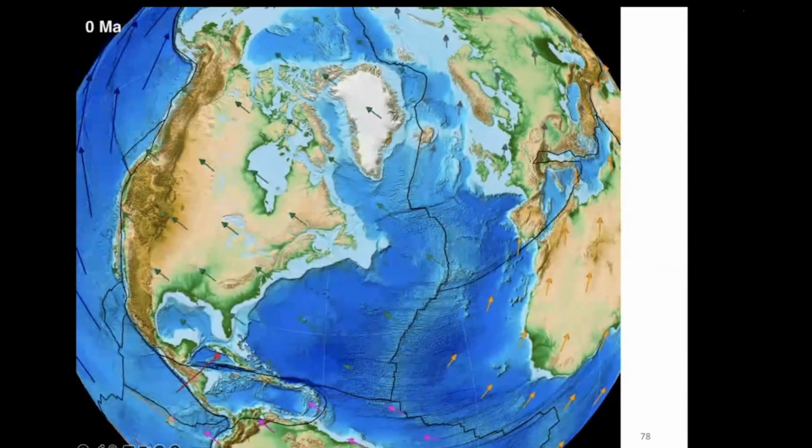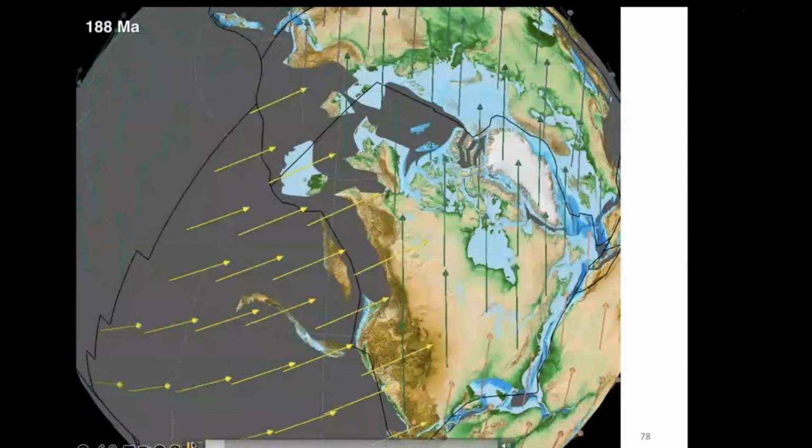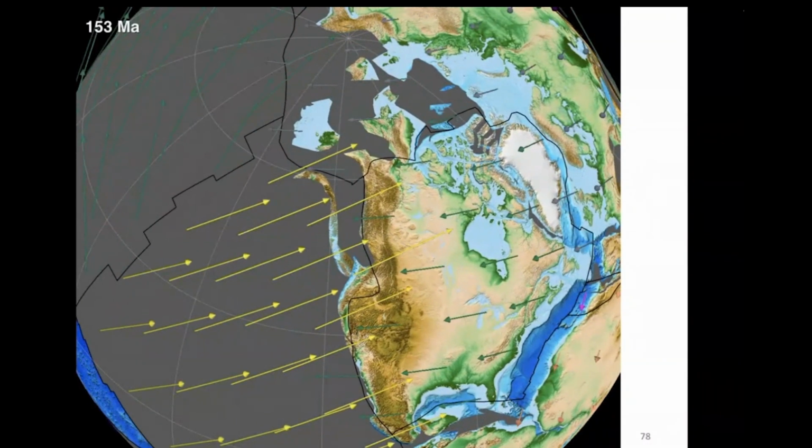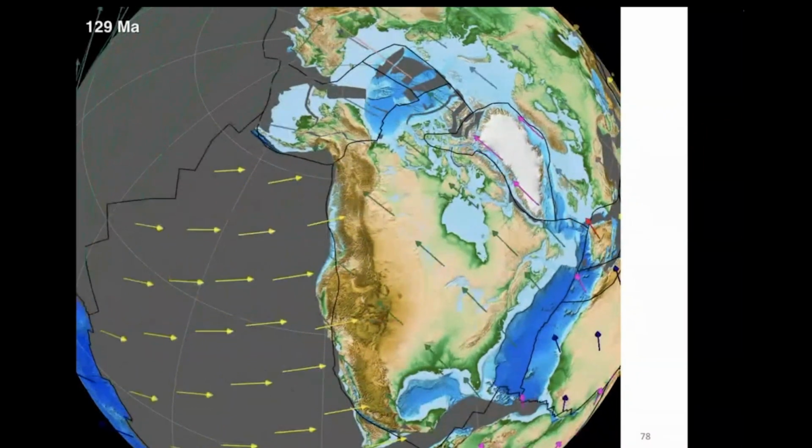So is that absolute or relative plate motion? Anybody? You want to watch again? What do you guys think? Absolute or relative plate motion are we seeing?